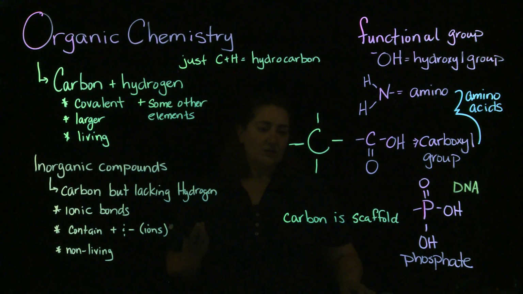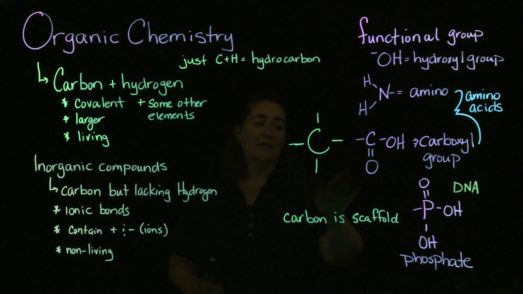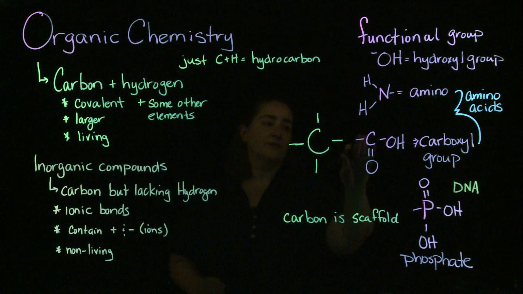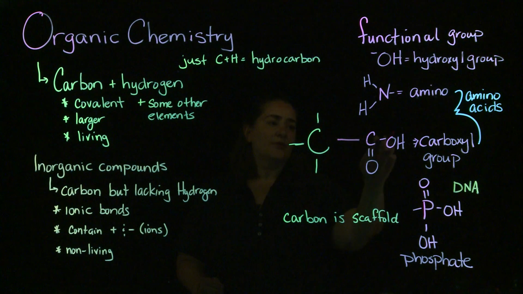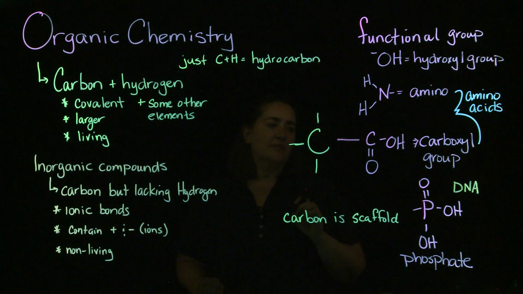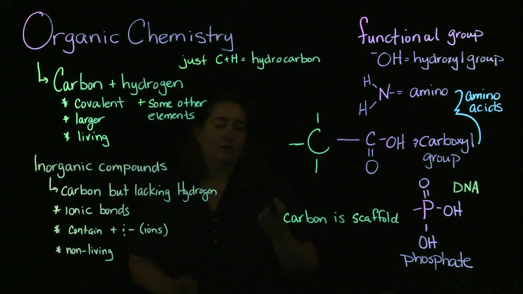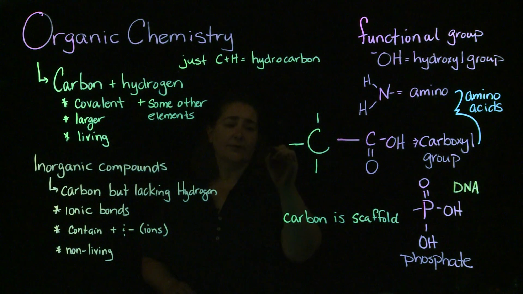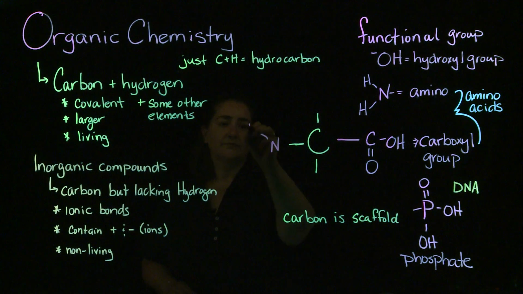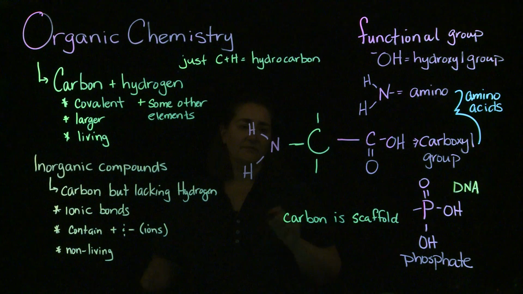Okay? So in terms of that, we've got our main carbon here. Okay? We can just connect this one here. All right? Carbon to a carbon. And we've now attached a carboxyl group, okay? We can also attach, say over here, maybe an amino group, okay?